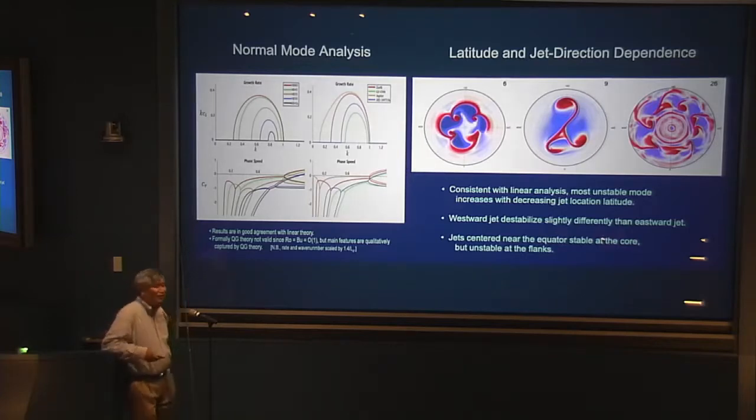On the right is a fully nonlinear calculation. So whereas the left is only applicable to early times, the right is applicable to any time and for any amplitude waves. And what you're seeing is jets that are placed at high latitude on the first frame, jets that are at high latitude going westward, and jets that are at the equator.